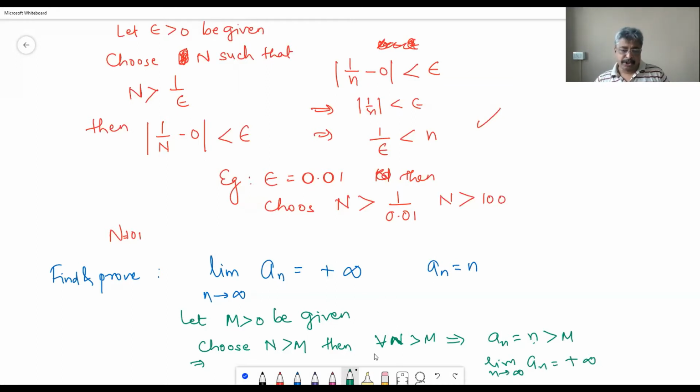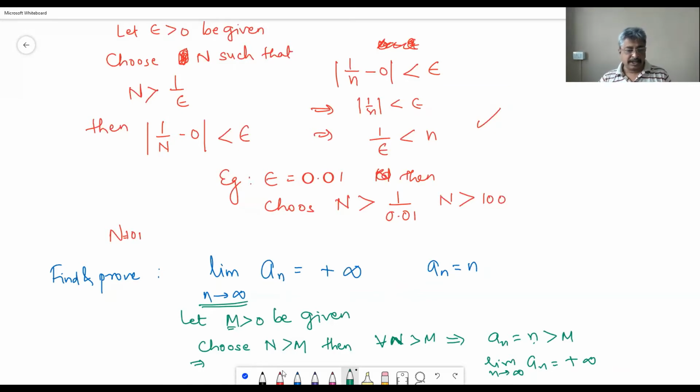So basically you need to find the number capital N, beyond which if you take any number you will achieve the desired limit. That means you will achieve the value of your function greater than M.